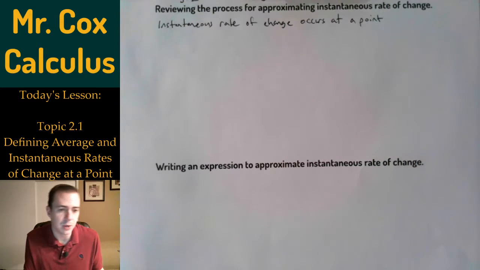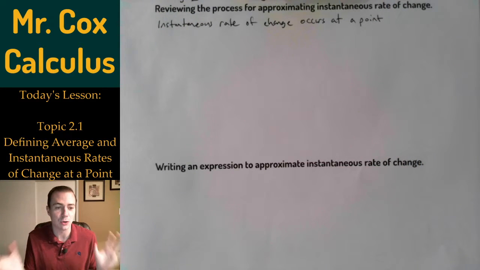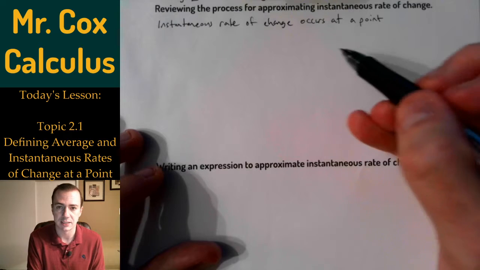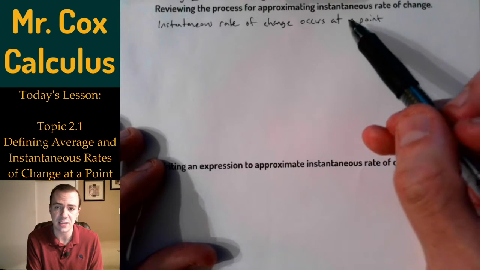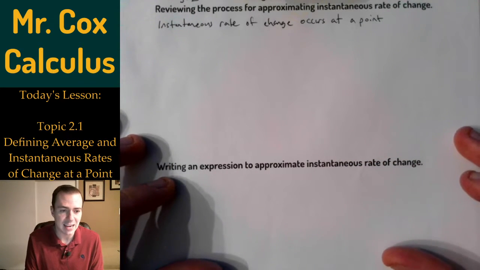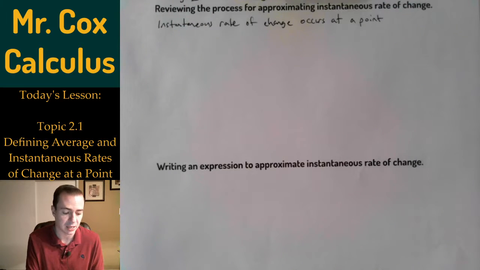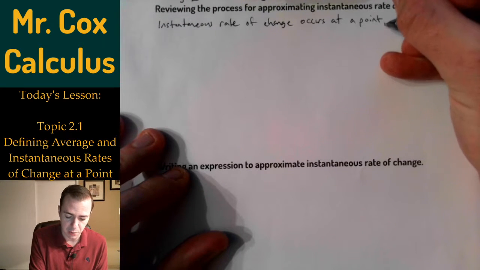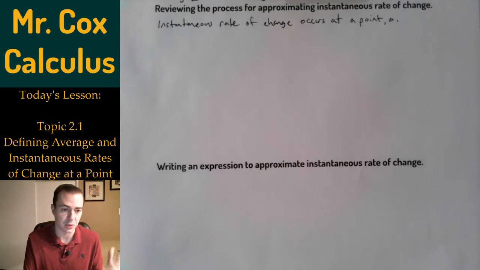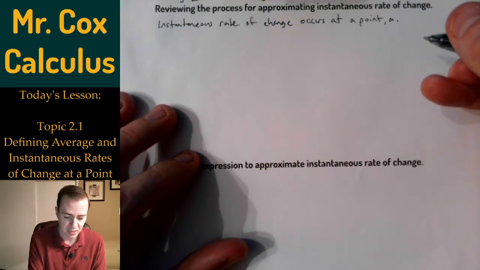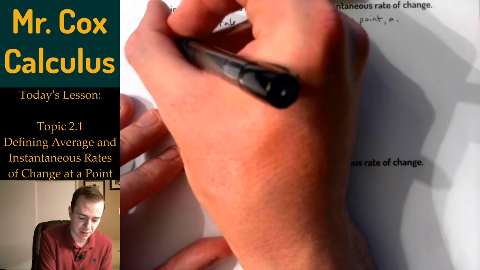And that's really how we would define an instant, just a single point in time. So if you see anything ever asking for instantaneous rate of change, understand that that's happening at a point. And we can call it a, like we called the interval a to b earlier.